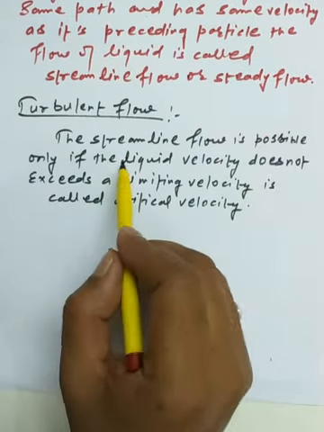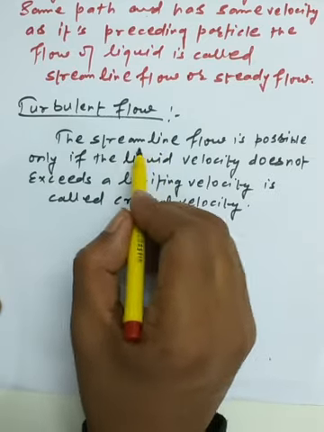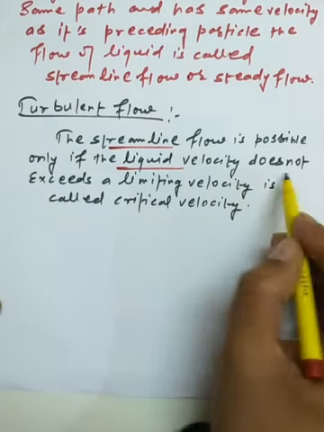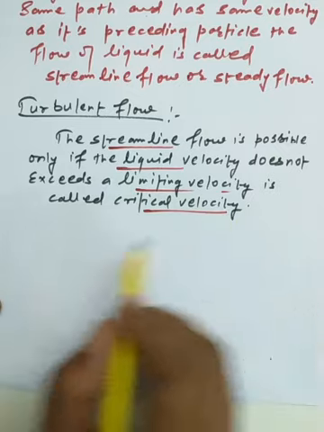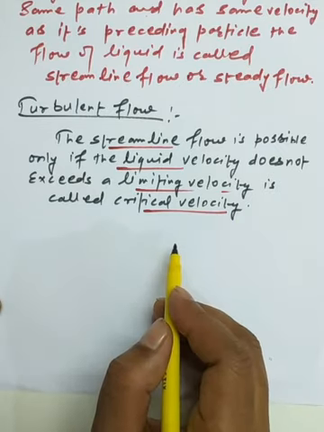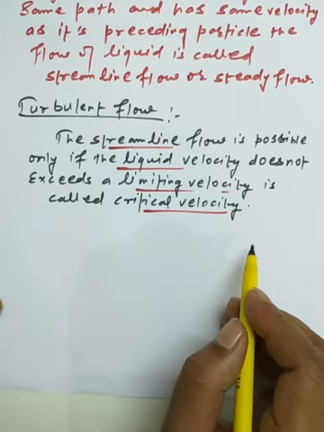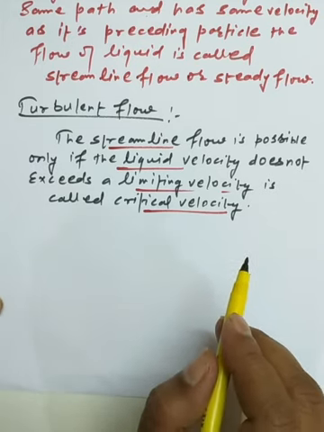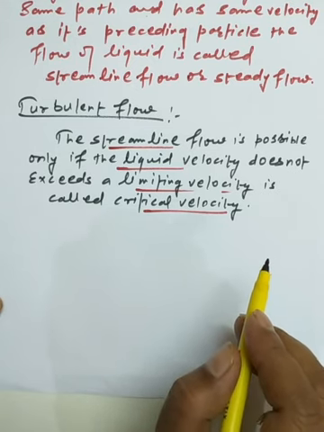Streamline flow is possible only if the liquid velocity does not exceed a limiting velocity called the critical velocity. When the liquid velocity exceeds this certain limiting value, the flow of the liquid becomes zigzag.